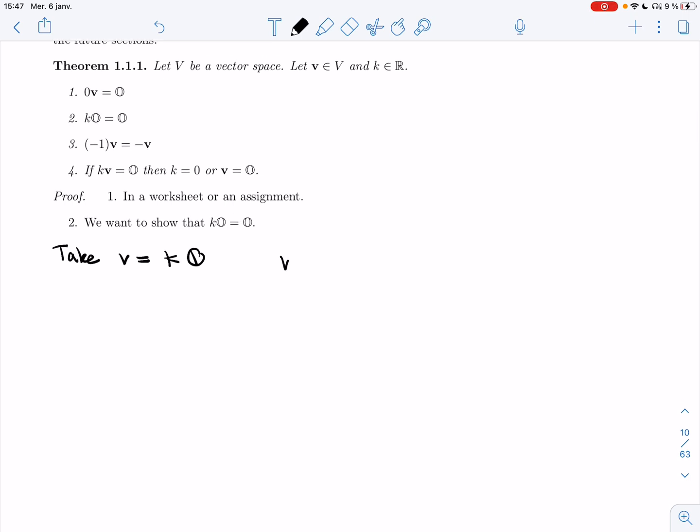So if I take v to be k times 0, well, I know that adding 0 to anything will leave it where it was. So 0 plus 0 is 0. From here to here, that would be axiom 4.